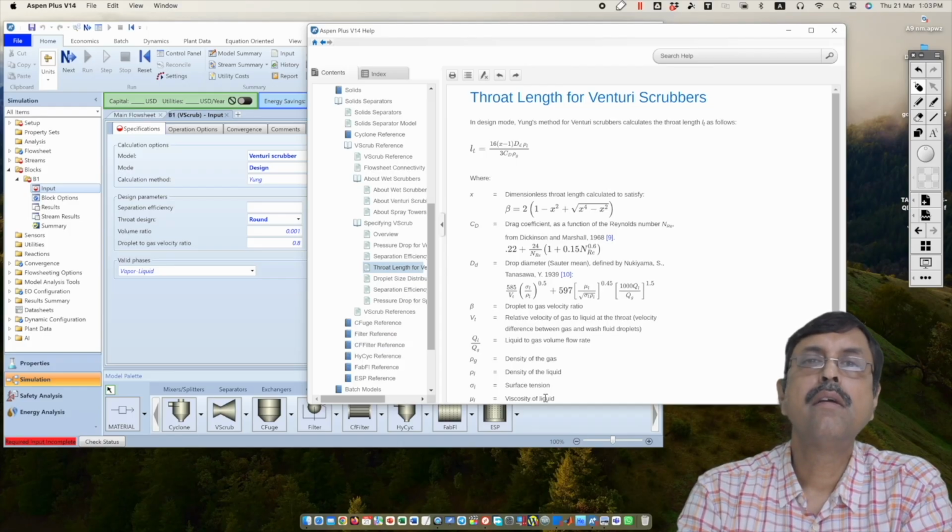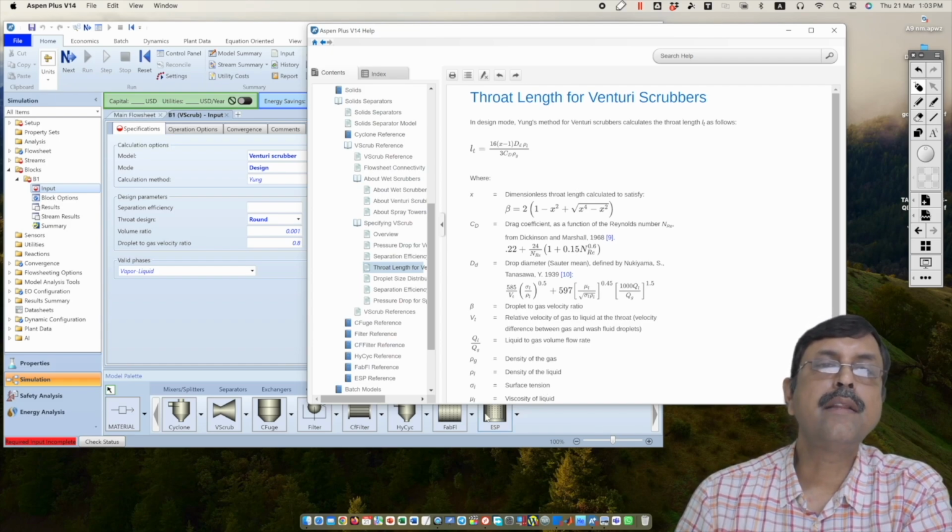These are all obtained from the Aspen property database, so you do not have to supply these values. Only this liquid to gas volumetric flow rate will be calculated by itself. Relative velocity will also be calculated by itself, and DD can be calculated.